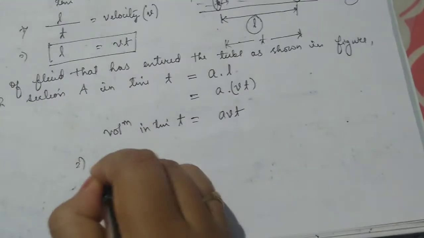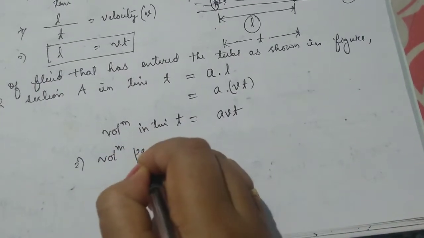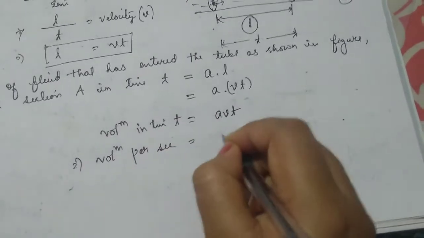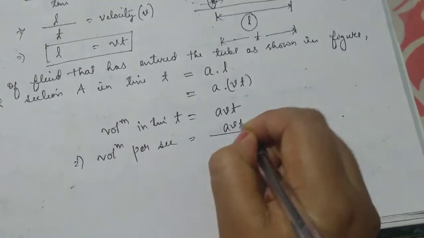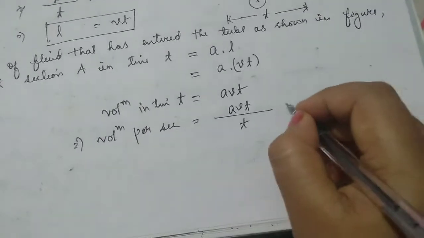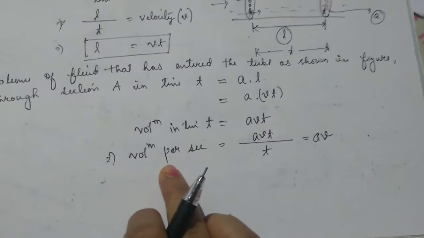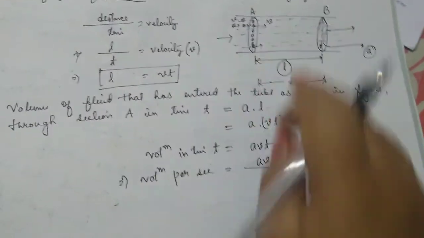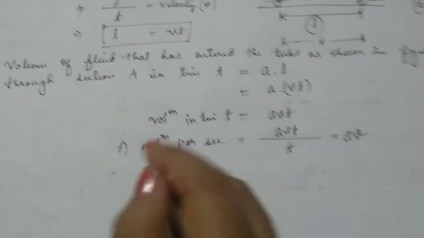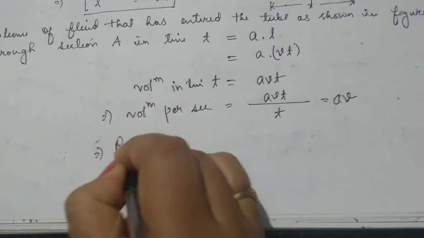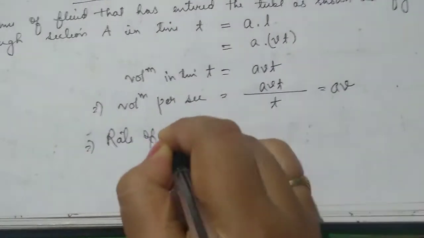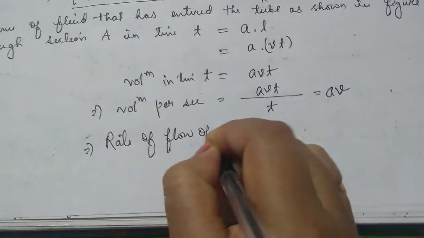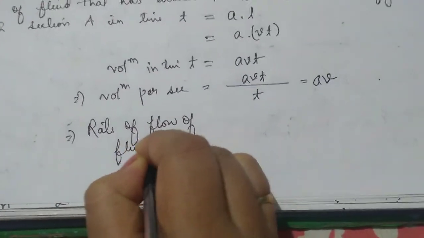So if I ask you what is the volume per second, that will be what? AVT by T. So that is nothing but equal to A into V. So this is the volume of water or liquid or fluid entering this particular tube per second. This particular thing is called the rate of flow of fluid.